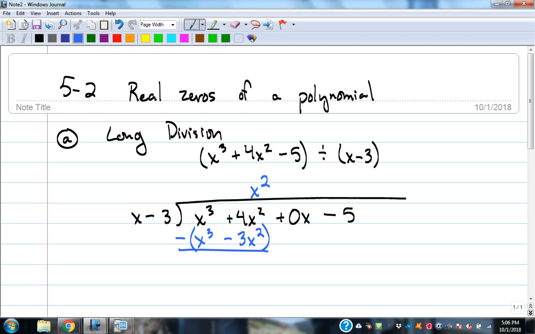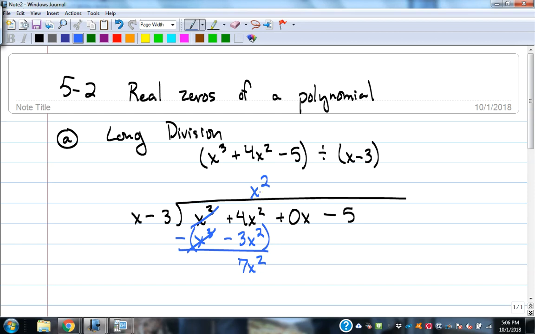But then I do 4x squared minus negative 3x squared. Okay. So the x cubes cancel out. 4x squared minus negative 3. What's 4 minus negative 3? 7x squared, right?